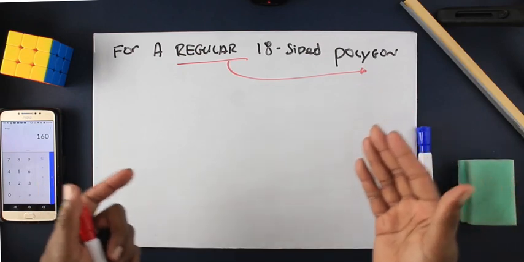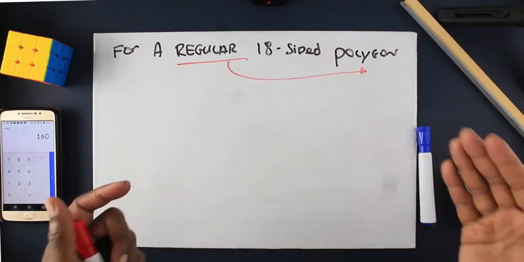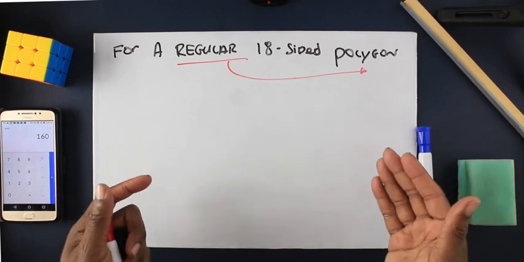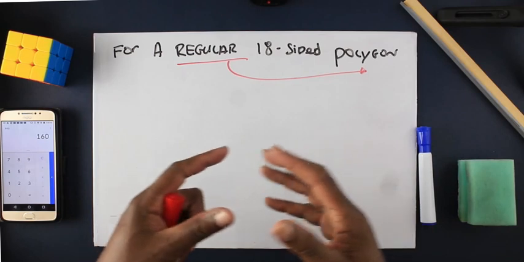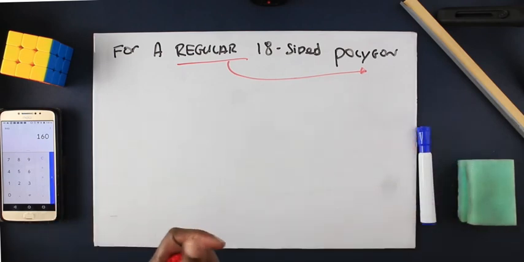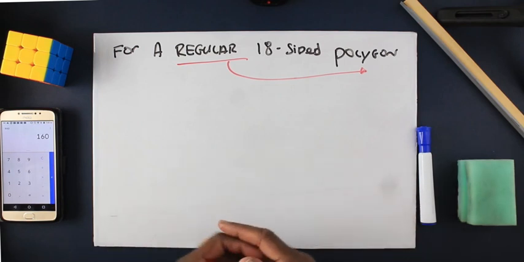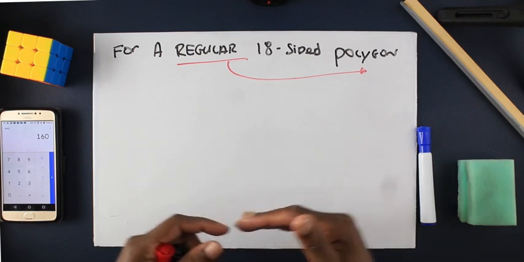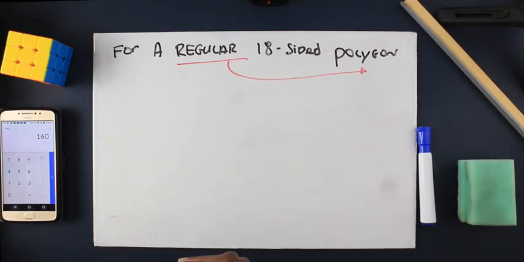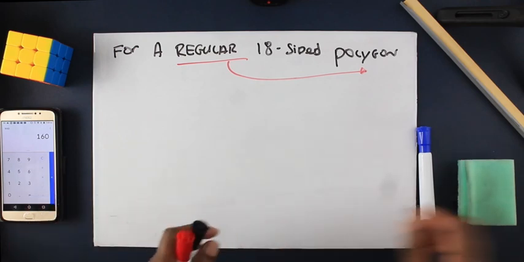Or you can use the fact that it's a regular polygon with 18 sides to tell you what the sum of internal angles are using the formula n minus 2 times 180. Once you find out the internal angle, use the fact that the internal and external angles add up to 180 degrees when they're adjacent. That gives you the external angle.